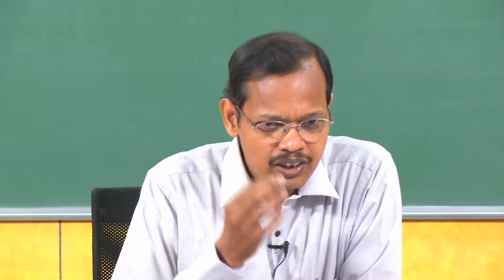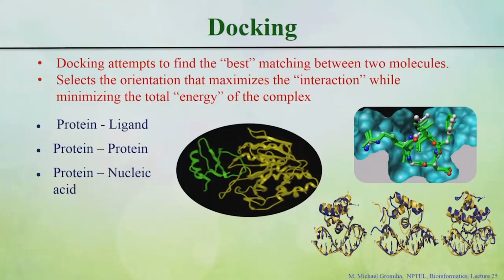So, what does the docking do? Docking generally tries to find the best match. If you have a protein as well as a ligand, it will try to interact with the particular site with the best match. For example, you can see protein complexes or protein ligand complexes or protein DNA complexes.